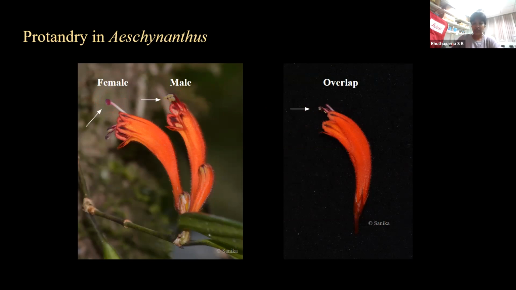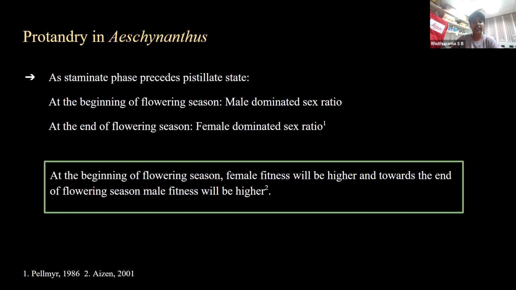One hypothesis regarding the function of protandry is that it reduces sexual interference between male and female sex organs, and in turn reduces the chances of selfing.